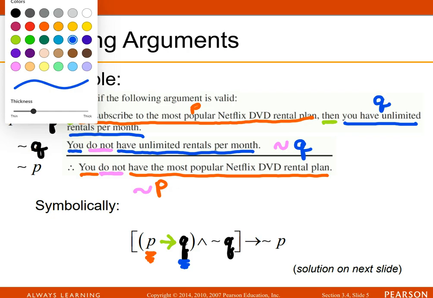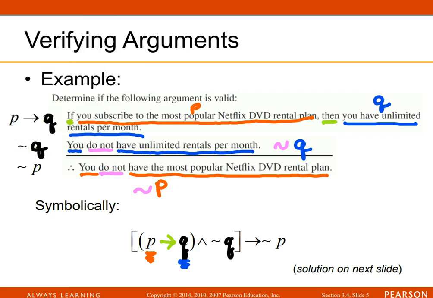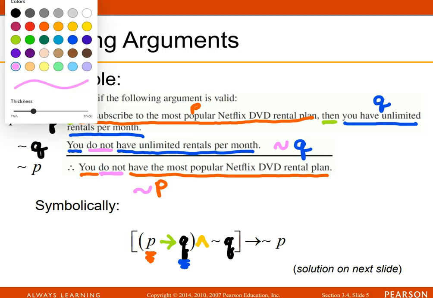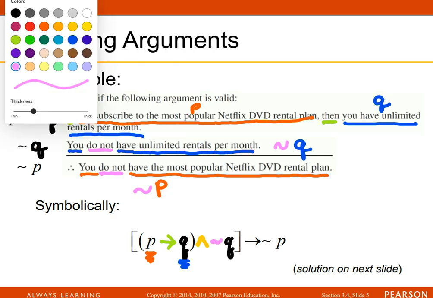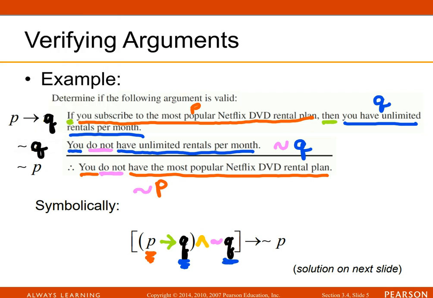This is your and. You always connect them with an and. And then you have the negation of the Q. Those are all your premises.